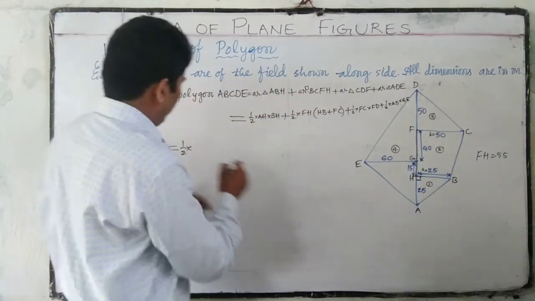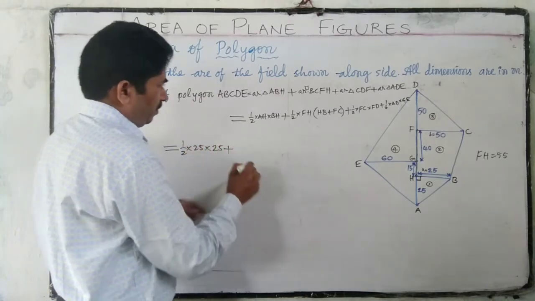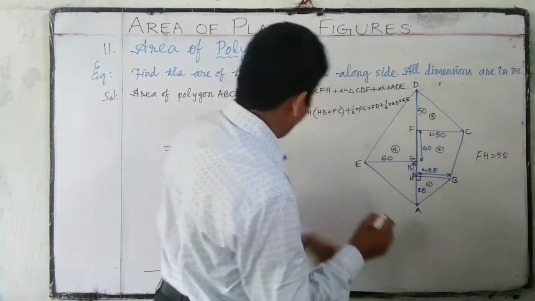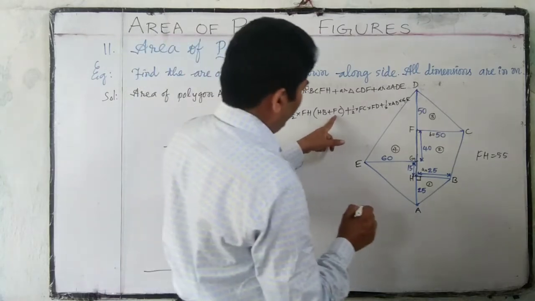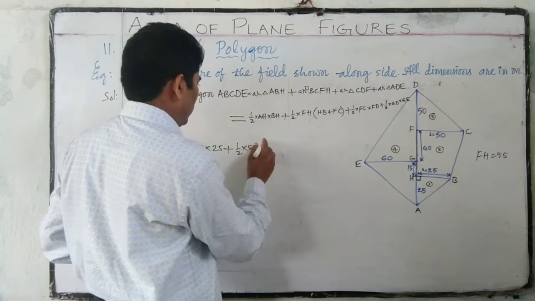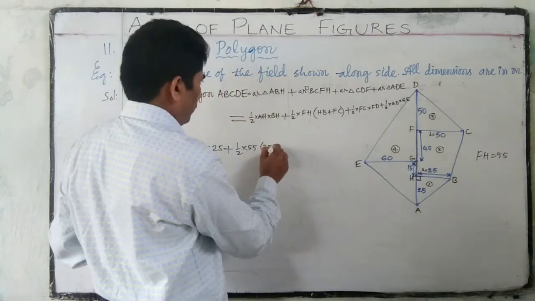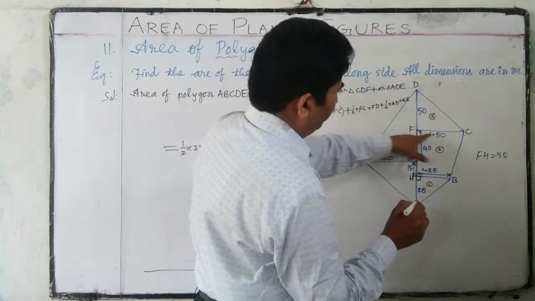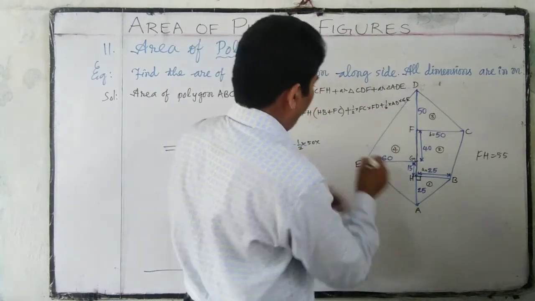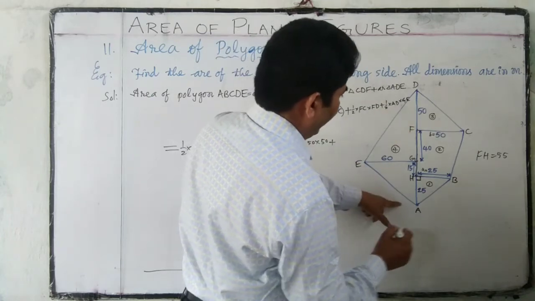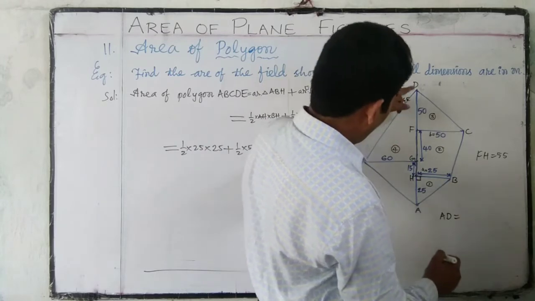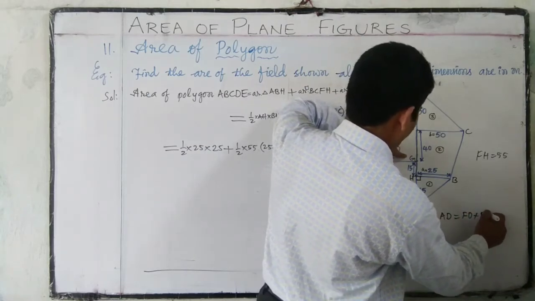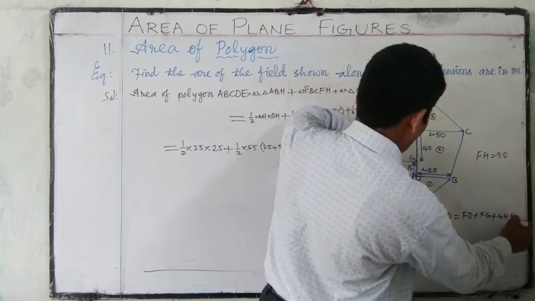Half into AH 25, BH 25, plus half into FH 40, here already written 55, into HB 25 plus FC 50, plus half into FC 50 into FD 50, plus this base AD is equal to FD plus FG plus GH plus HA.